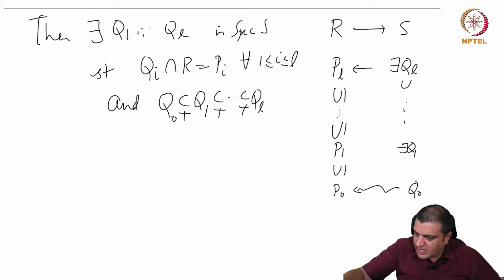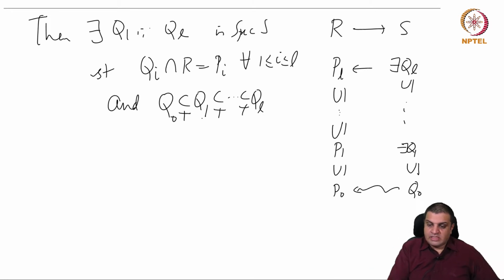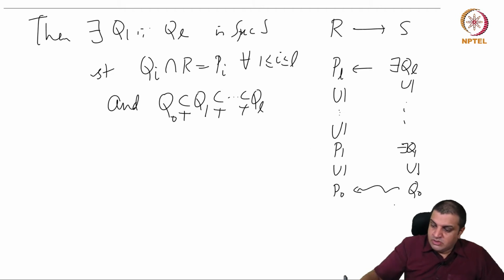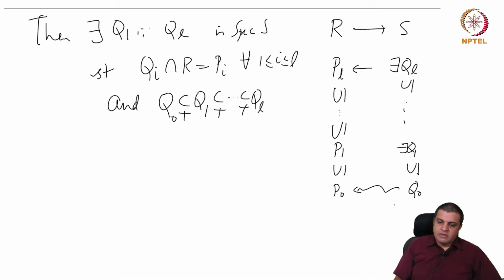So this chain goes up, which is why it's called a going up theorem. So a chain of primes in R, with a prime in the fiber over the smallest one, can be lifted to a chain in spec S.